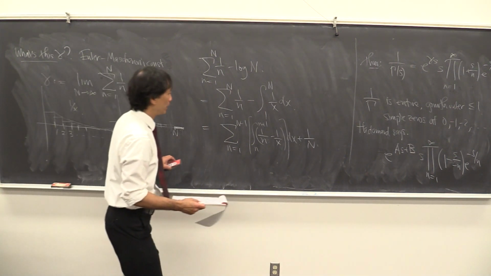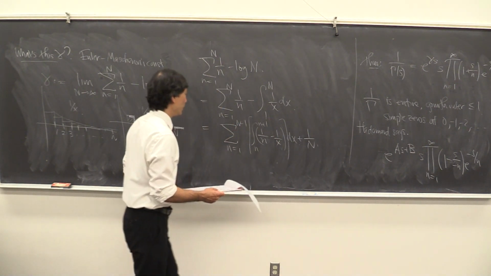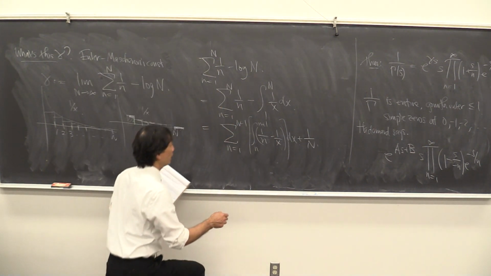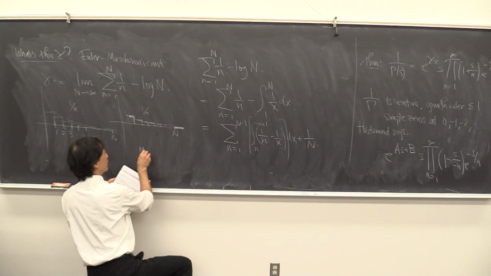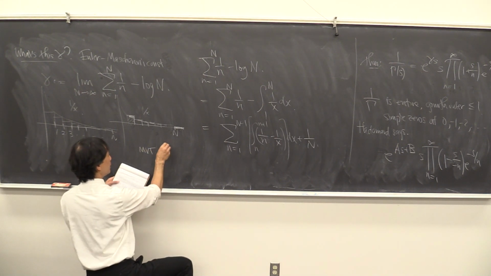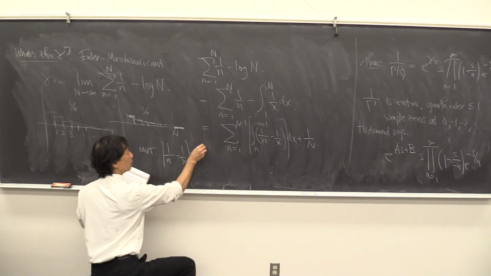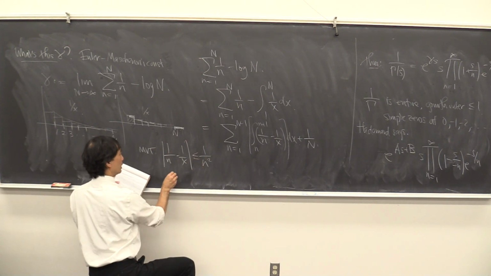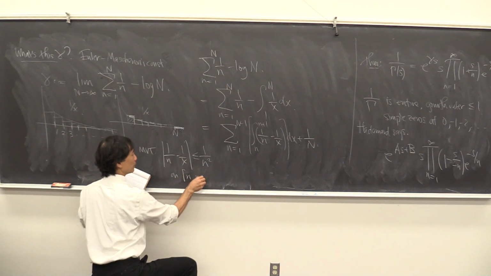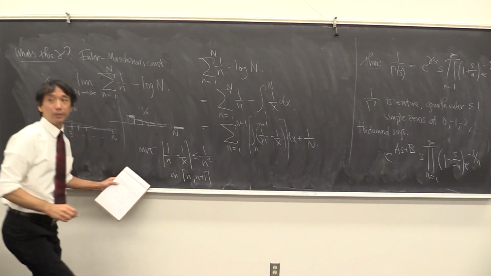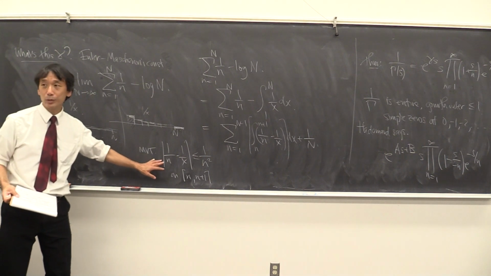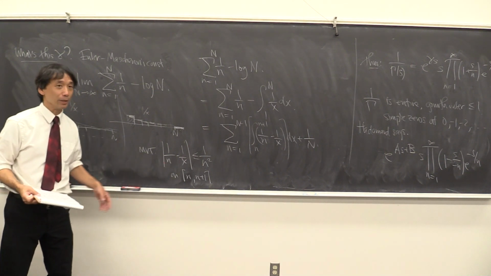Then you can use the mean value theorem to see that 1 over n minus 1 over x is controlled by 1 over n squared on n plus 1. That's just a straightforward application of the mean value theorem.